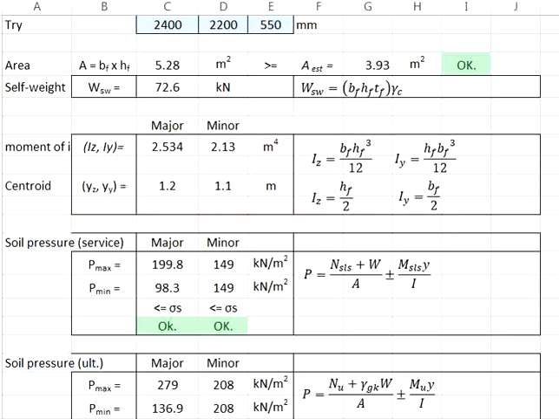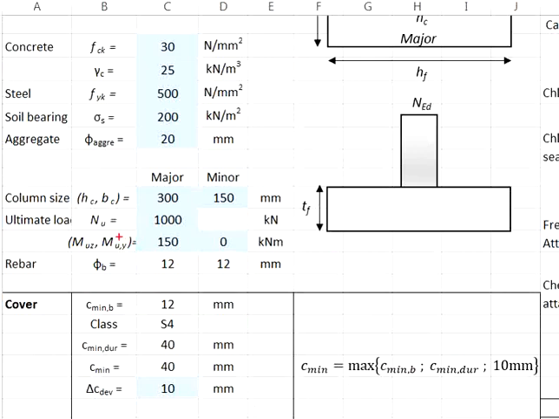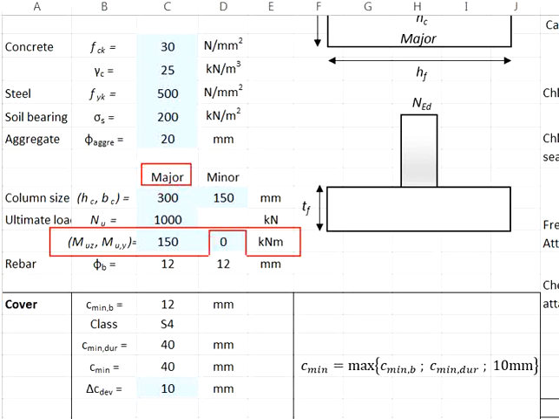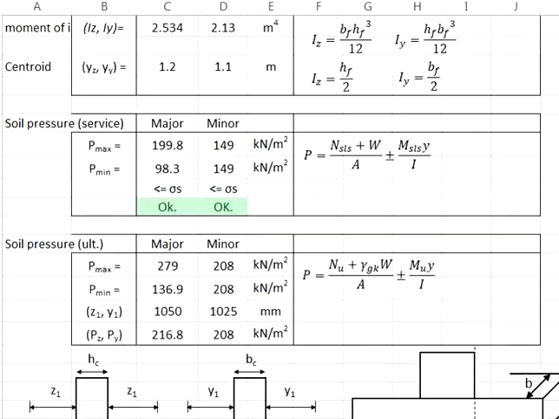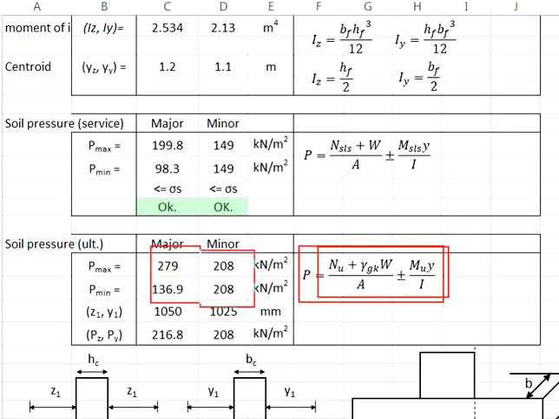The geometrical properties will be the same. Only that you need to use the ultimate moment, which in this case will be 150 kNm in the major axis and 0 kilonewton meter in the minor axis. Substitute the values into the equations, and you get the soil pressure in the major and in the minor axis.